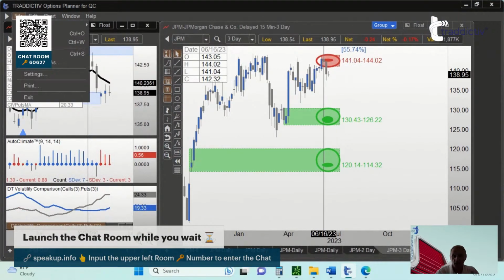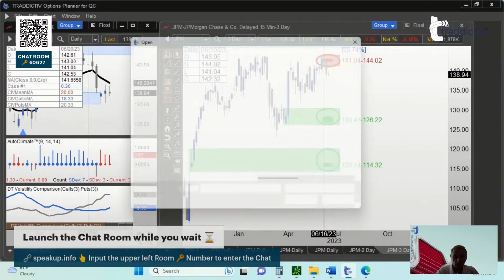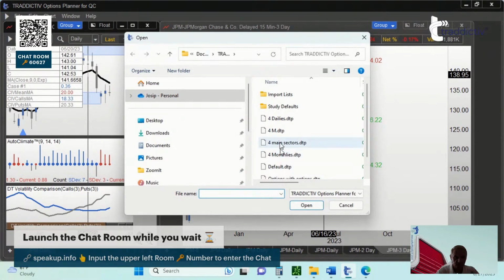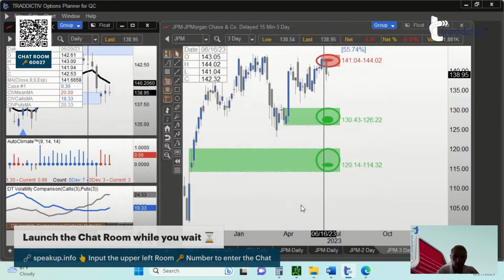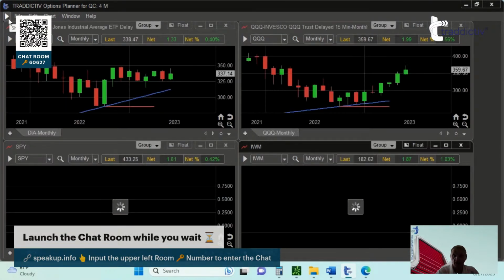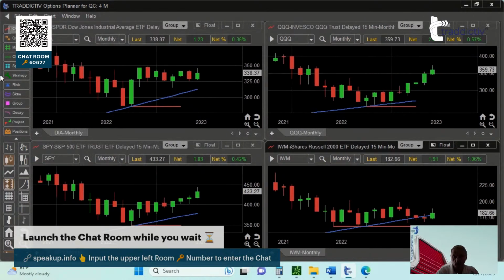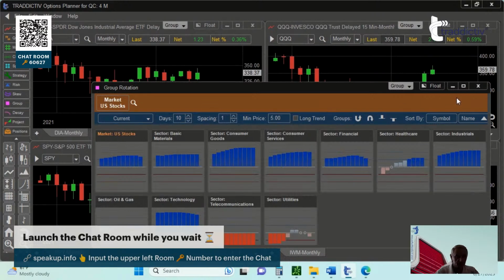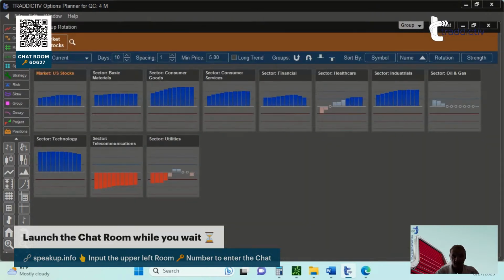We can look at the bigger picture here when we pull up, let's say, the monthlies, and we can talk about that in a moment. But there's something here called groups, right in this area. Let me just circle it here so everybody can see it. In these groups, which I believe are very much underutilized, we bring up the entire U.S. stock market.